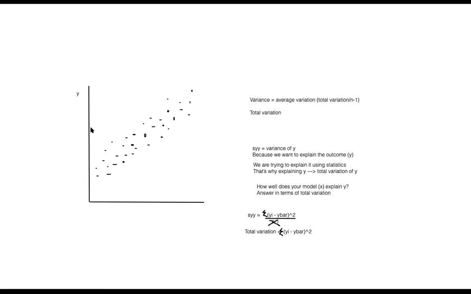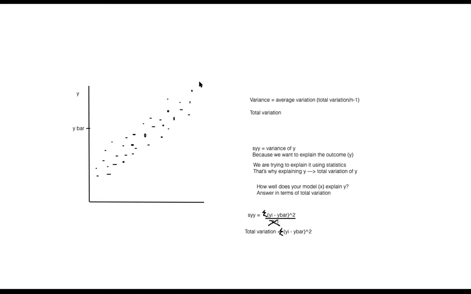Just by eyeballing it, let's say that y bar is somewhere here. The average is going to be somewhere in the middle.